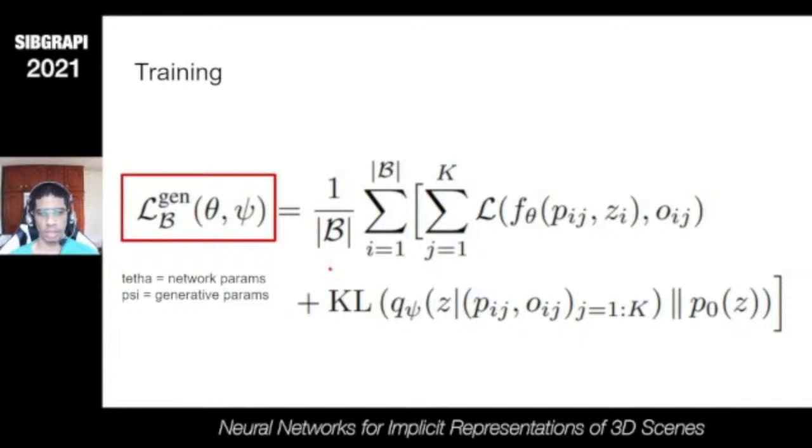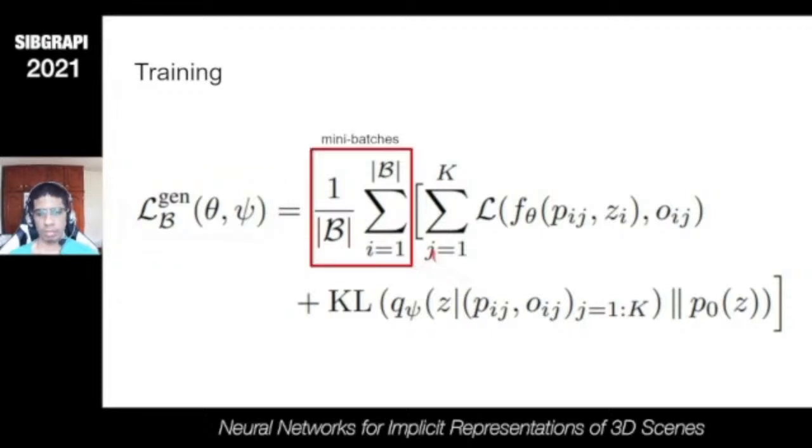So we have the theta parameters that are the network parameters, and we have the psi, which are the generative parameters, if you want to use this network in a generative setup. This summation here is just the summation on mini batches. So you have a specific number of mini batches that you want to train.